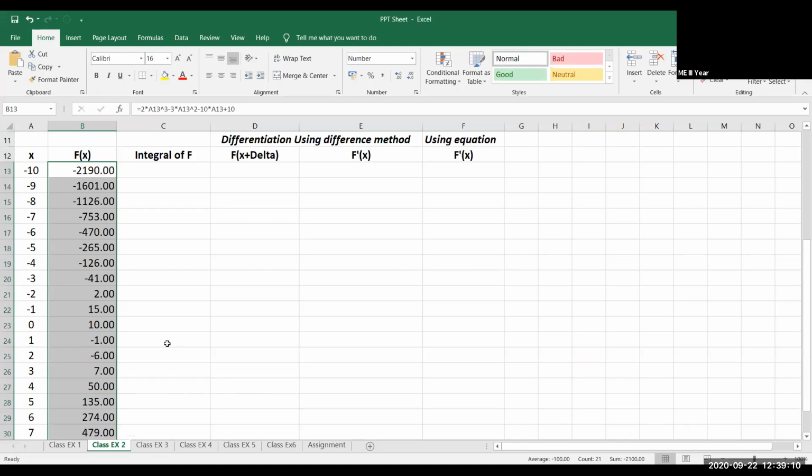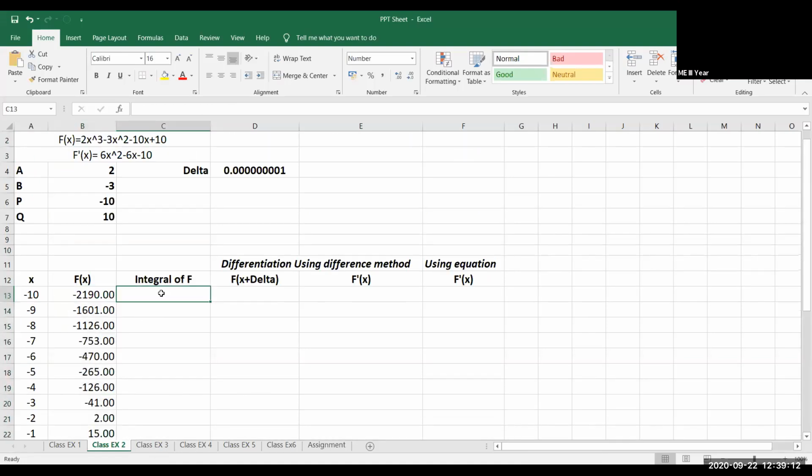Last value. After that, the integral. We have seen the first integral will be 0, as a line integral using the trapezoidal method. That's why I have put a 0 value here. After that we'll see.